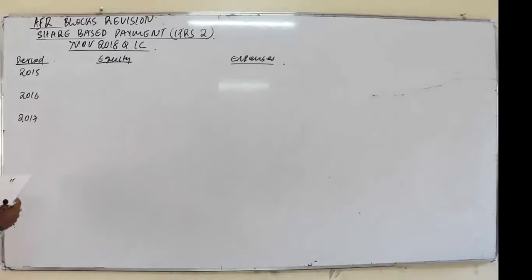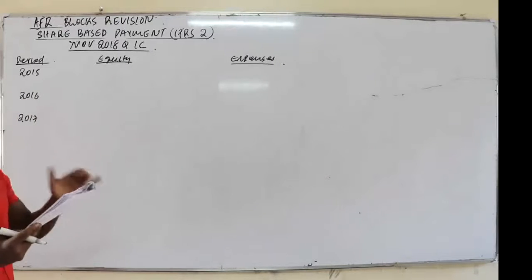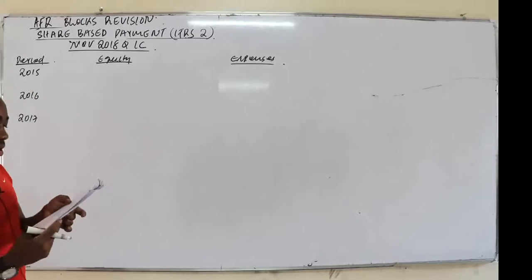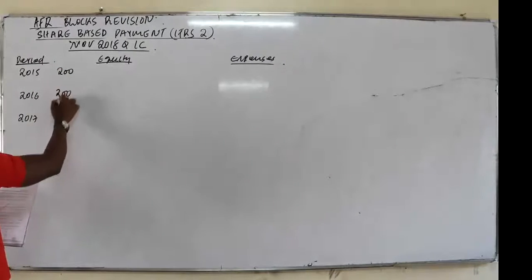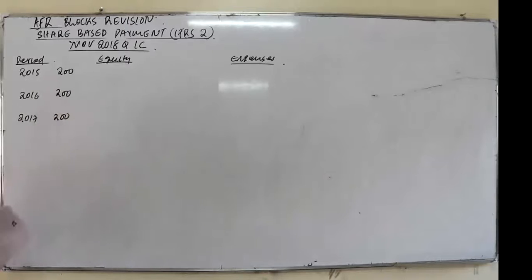So how do we account for that? Number one, we determine the number of employees eligible in each year. And we had 200 employees. In this case, the company is making a provision. And in this case, they have 2 vesting conditions. One of the vesting conditions was about the share price. But the share price in this case is not within the control of the employees.